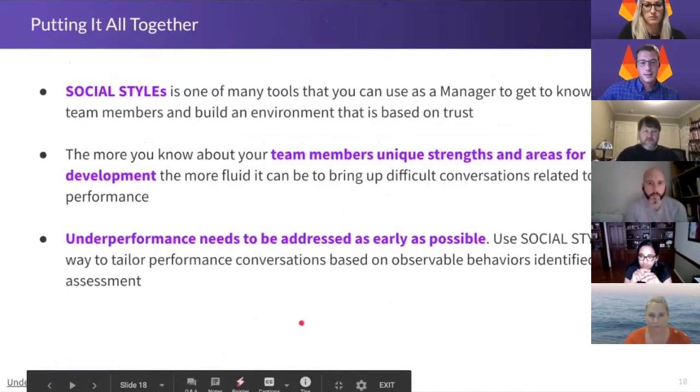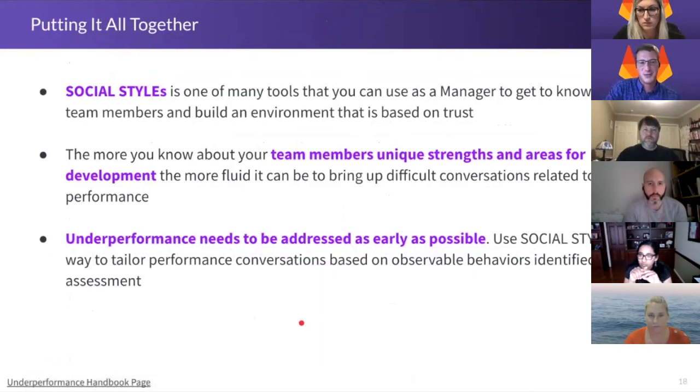So if we put it all together, like I said, I wanted to go through these slides pretty fast. Social styles is really a tool that you can use as a manager to get to know your team members. There are a ton of personality and behavioral assessments out there. Again, I think social styles is great because it focuses on observable behavior versus personality.